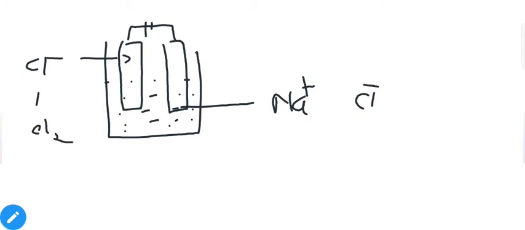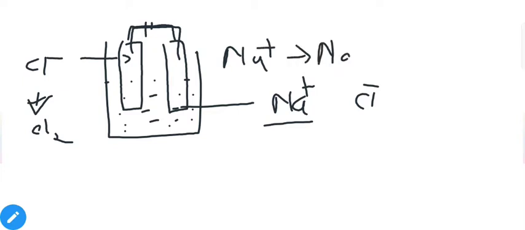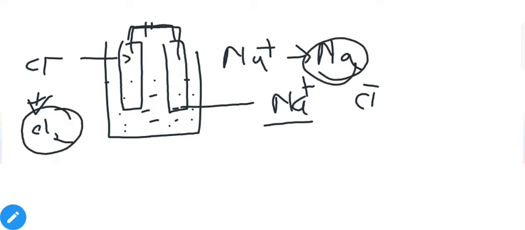It will release the electron, and the released electron will travel through the conductive wire to the surface of the cathode. And now on the cathode, Na+ will accept the electron and reduce into sodium metal. So our main products are sodium metal on the cathode and Cl2 gas on the anode when we have molten NaCl.